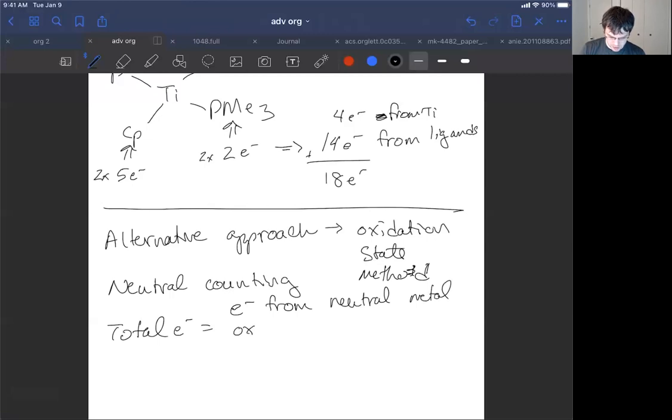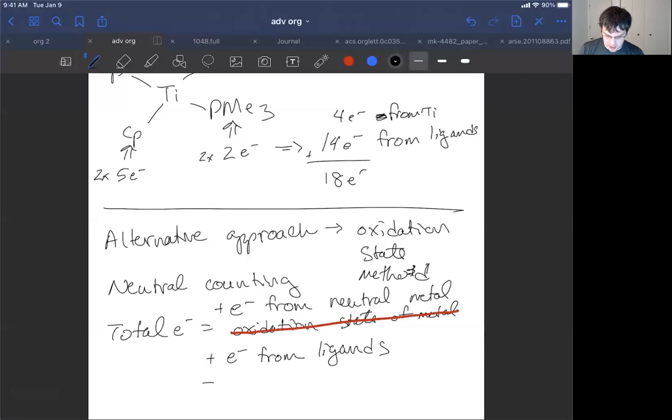We are aware of the oxidation state of the metal, but we don't take that into account. So we take the electrons from the neutral metal and the electrons from the ligands, and then we add those electrons, then we subtract the charge.